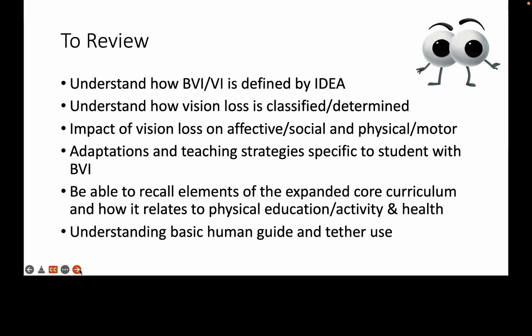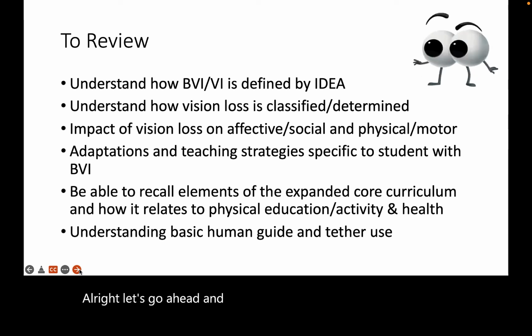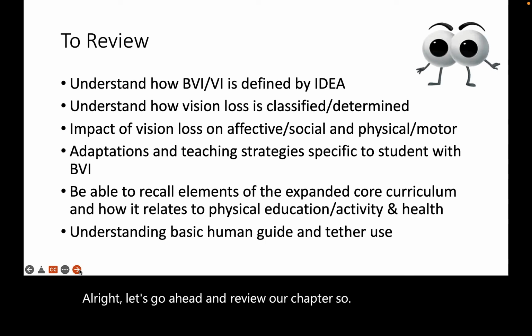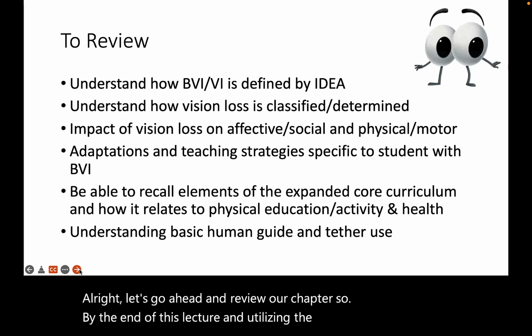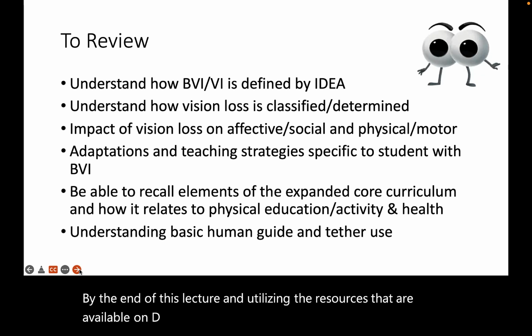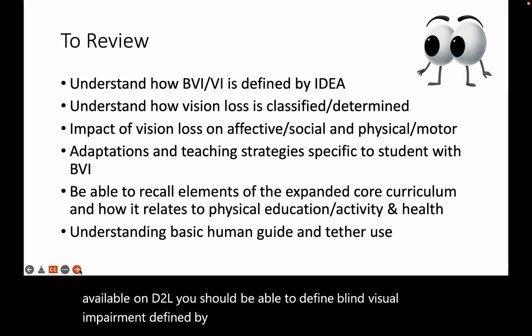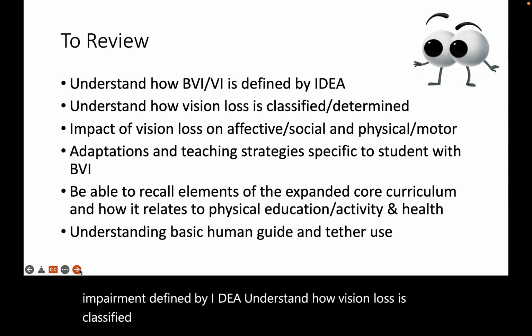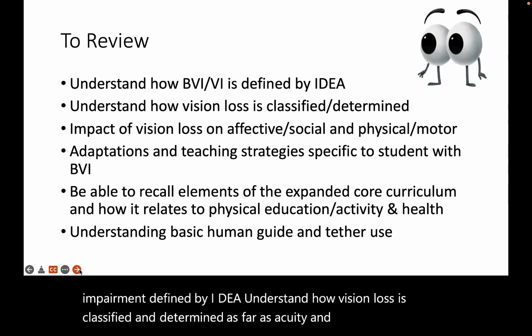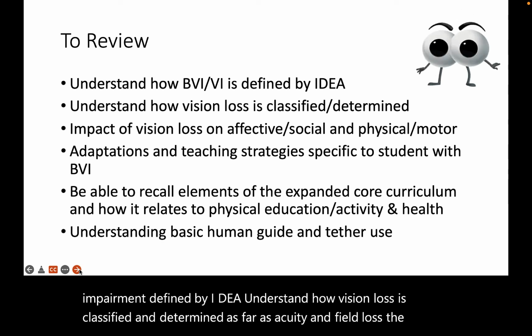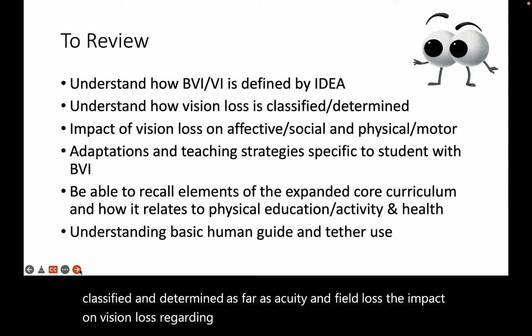All right, let's go ahead and review our chapter. By the end of this lecture and utilizing the resources that are available on D2L, you should be able to define blind and visual impairment as defined by IDEA, understand how vision loss is classified and determined as far as acuity and field loss, and the impact of vision loss regarding affective, social, and physical motor development.